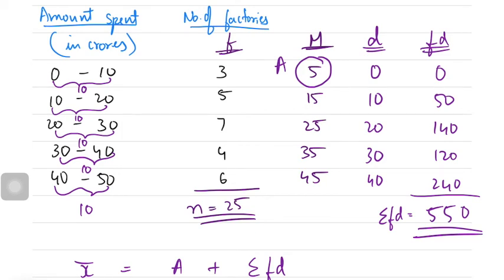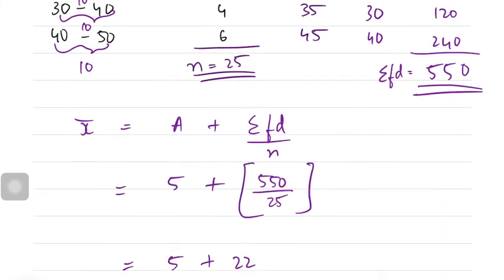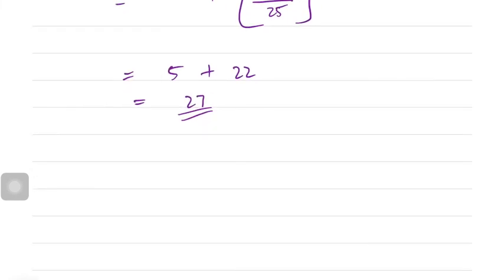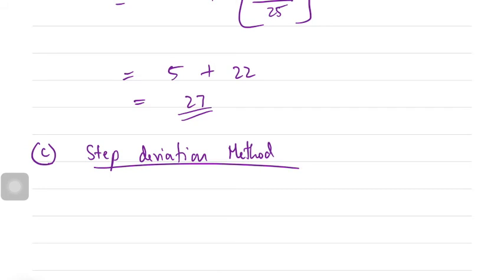Okay. Let us see the formula in case of the step deviation method. The third method is the step deviation method. You can use this method only when the width is equal.